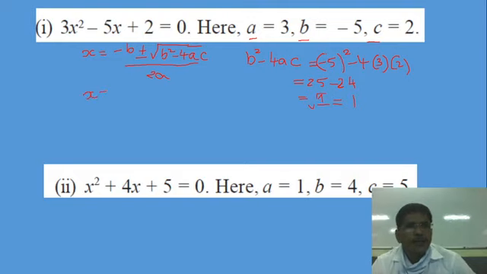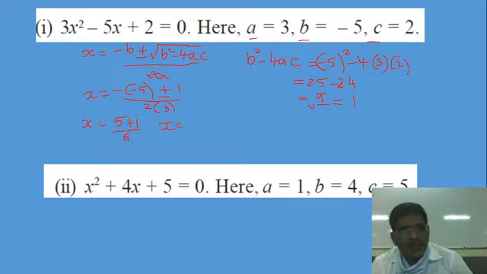So x is equal to minus b, the value of b being minus 5, that is minus minus 5, plus minus 1 upon 2 into a, that is 3. So x is equal to 5 plus 1 divided by 6. We know that a quadratic equation has 2 roots.